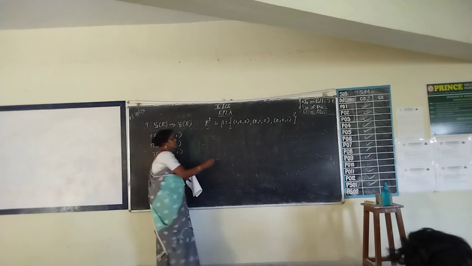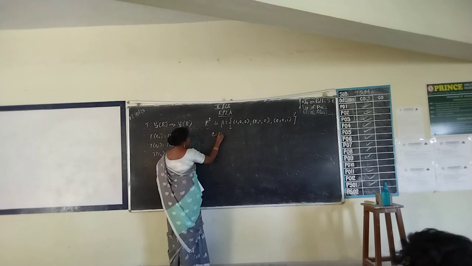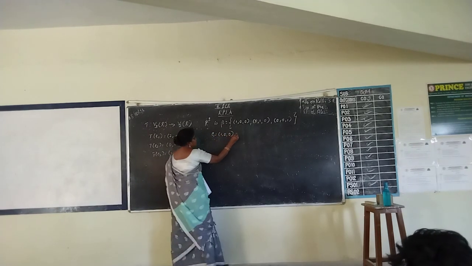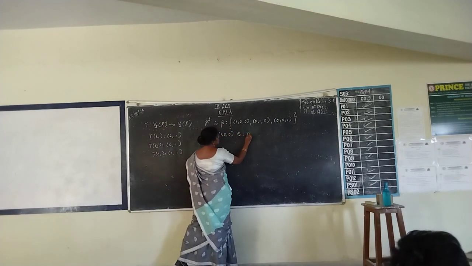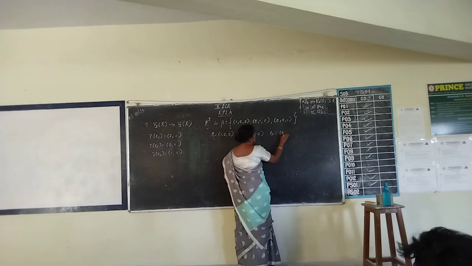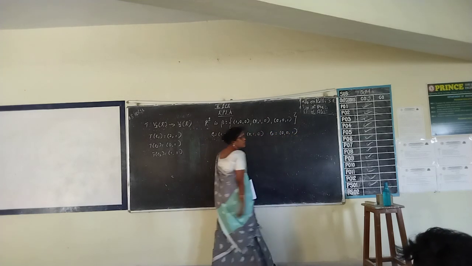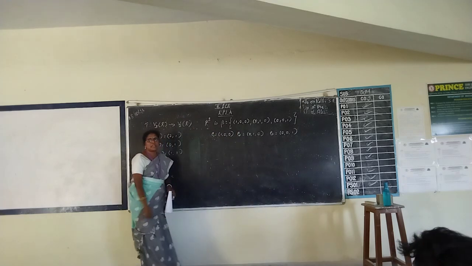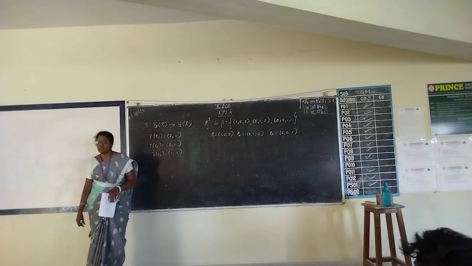Let E1 equal to (1,0,0), E2 equal to (0,1,0), E3 equal to (0,0,1). We will assume the standard basis as E1, E2, E3.